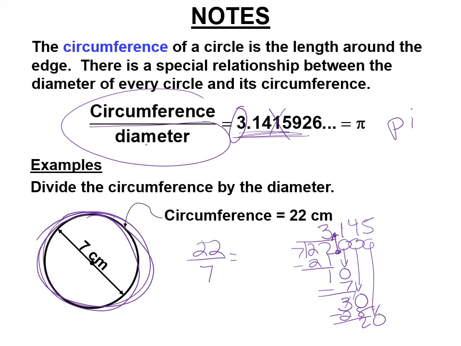Because if it's 22, the diameter isn't exactly 7. This keeps going on for a while, but it's around 3.14. And that's why, when we're calculating things with circles, we often use 3.14. But that is an approximation of pi. Pi goes on forever, and as some people are doing right now, they are memorizing as many digits as possible of pi.